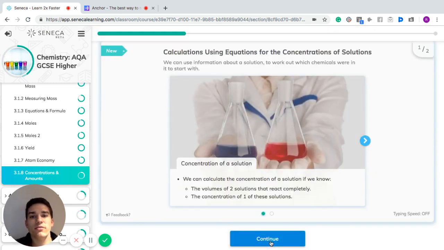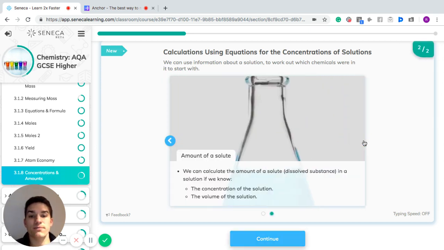So we can use information about a solution to work out which chemicals were in there to start. The concentration of a solution can be calculated if we know the volumes of the two solutions that react completely and the concentration of one of these solutions.